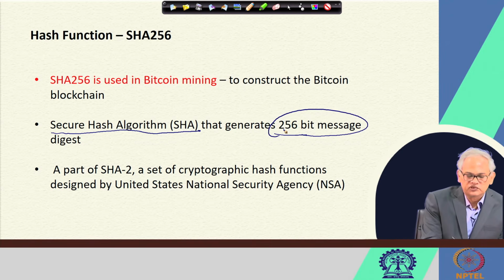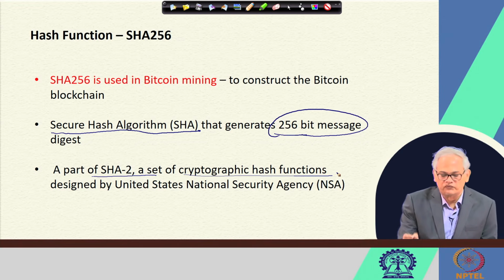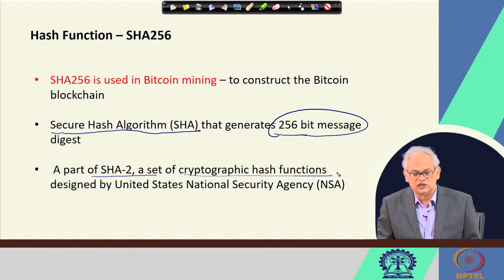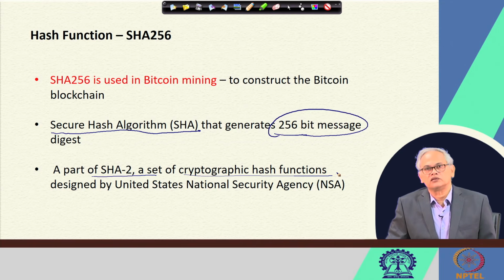And this SHA-256 is part of a family of cryptographic hash functions which were designed by the United States National Security Agency or NSA, the organization which specializes in these types of secure primitive development.